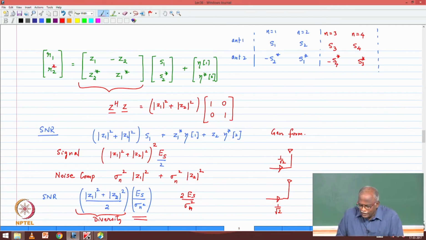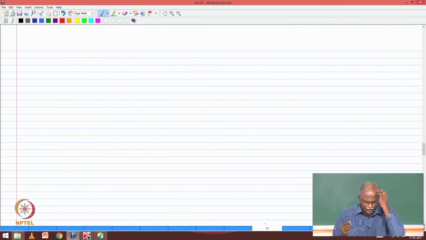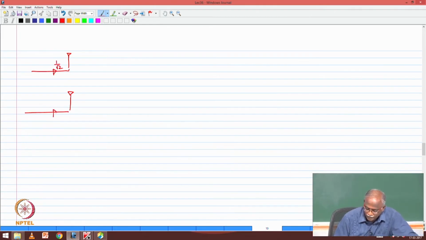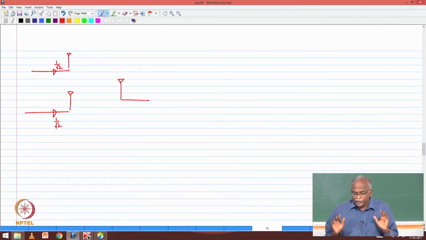So what is happening to array gain? This is where I want you to think about array gain in an intuitive manner. What did the Alamouti scheme do? Like most transmit diversity schemes, it had to preserve the total transmit power. That's why this 1 over root 2 is there. So the total transmit power that is entering the channel is constant.